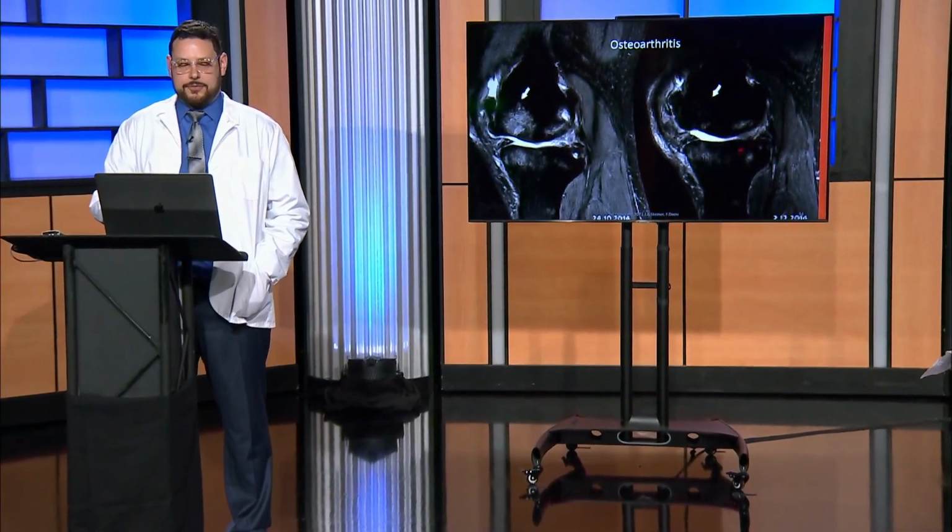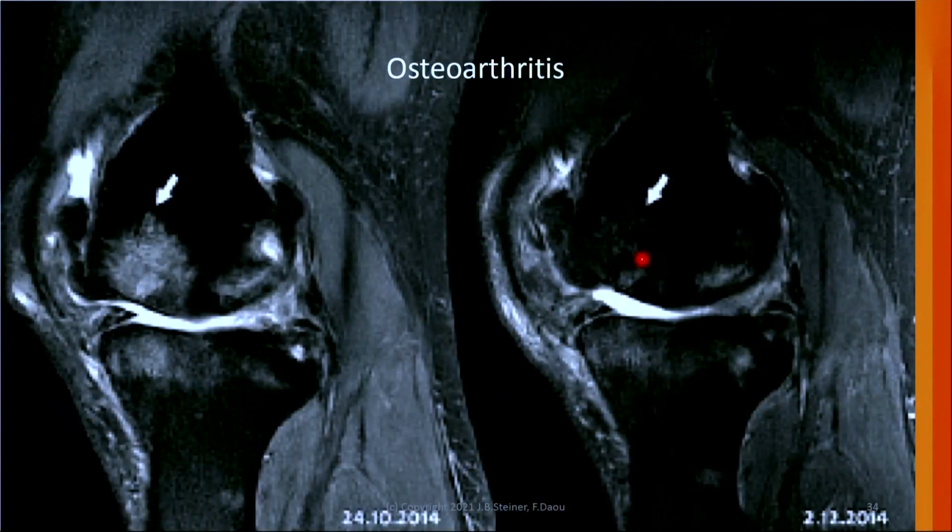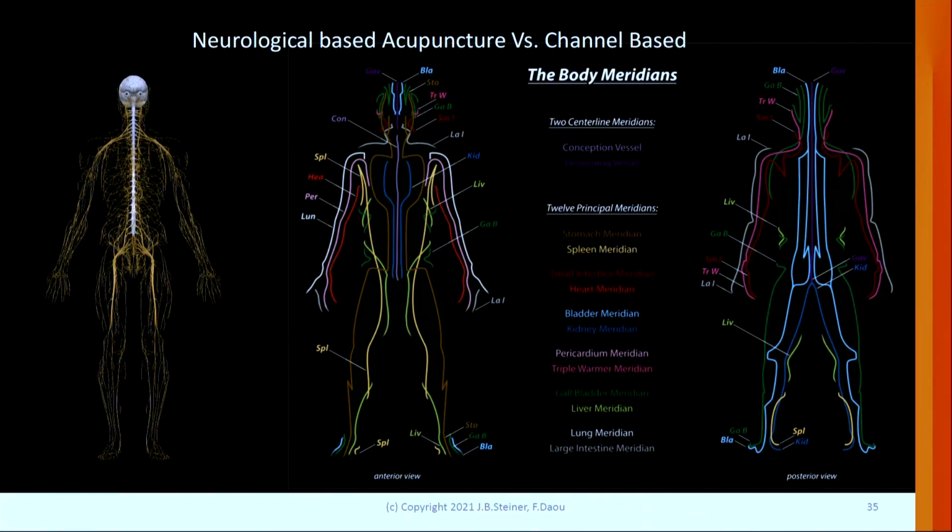Here's a side view, before and after, simply by adding qi to the proper place. Now, this slide is to emphasize the difference between the neurological system and the channel-based acupuncture system. Keep in mind, we can influence both. There's nothing preventing you from influencing both, but the power comes in being very clear on this.